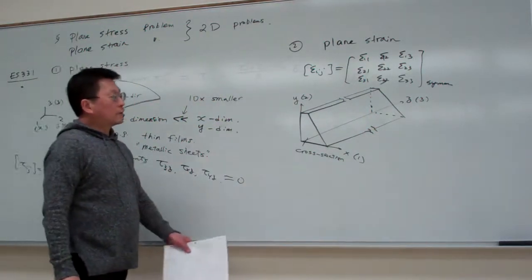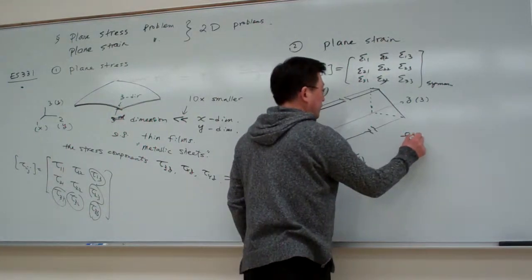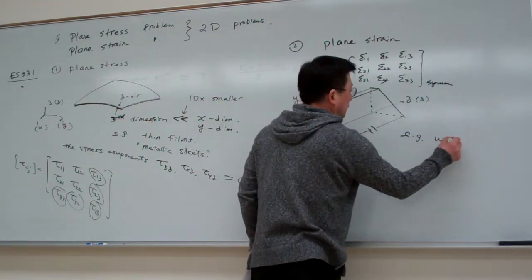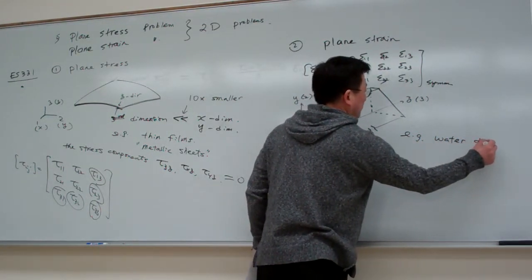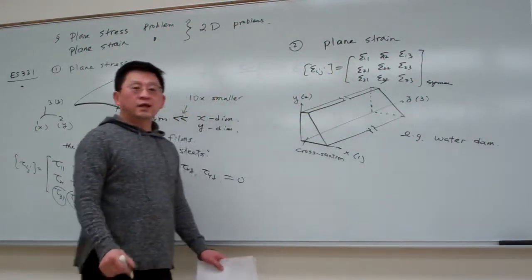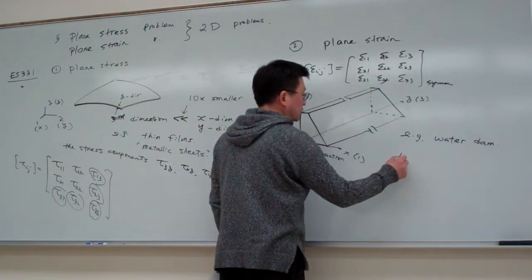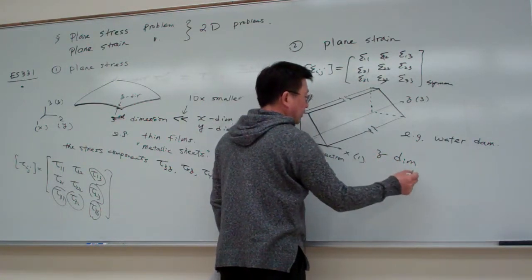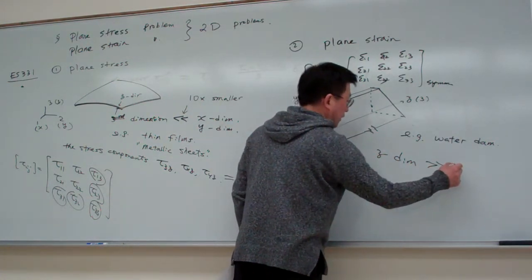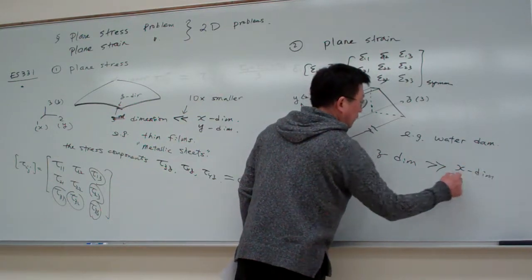For such a model, an example could be the water dam. Usually they have the feature that the z dimension is much, much larger than the x and y dimensions.